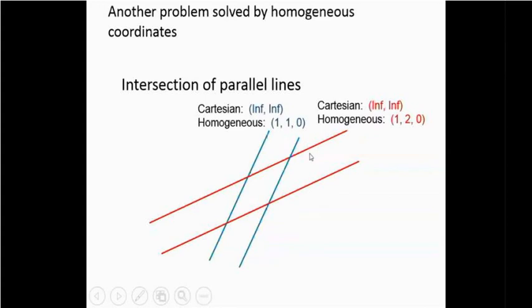And the red lines intersect at 1, 2, 0, which is infinitely far away in a different direction. If I took the cross product of these 2 lines, I would get 1, 1, 0. So you can then deal with points that are infinitely far away, or parallel lines intersecting at some known direction but infinite distance.